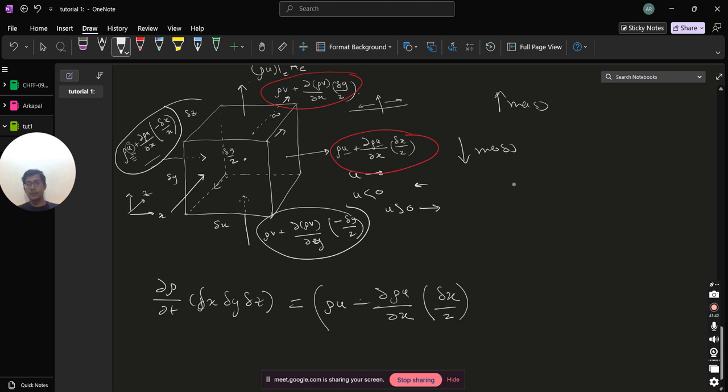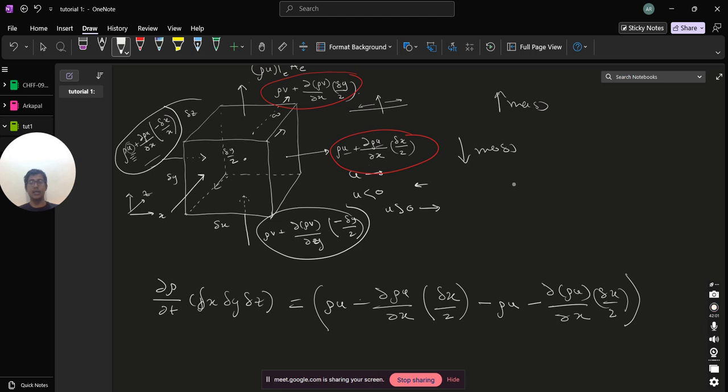And this flux is going out, right? So this will be minus rho u minus delta x by 2. And to get the mass flow rate, we have to multiply it with the area, right?